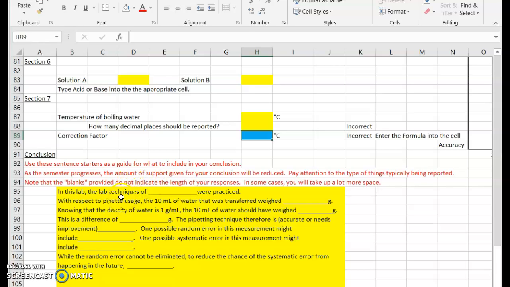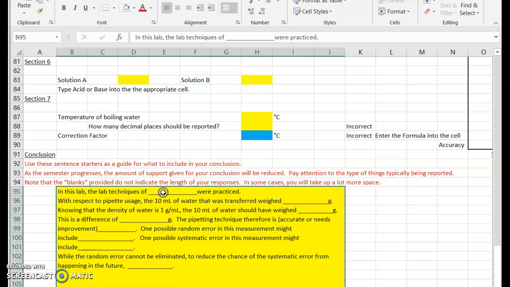The conclusion has sentence starters for you so that you can add into the blanks the words or ideas in order to finish these sentences. Think about the data that you've collected. Think about where errors could have potentially happened, because all experiments have errors.